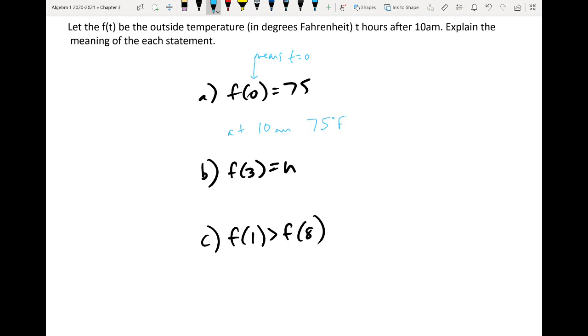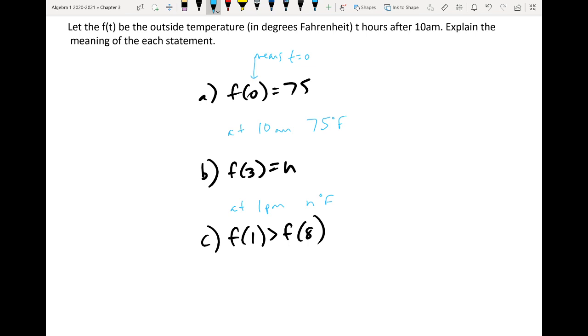That's it. How about the f of 3? Well, this is 3 hours after 10 a.m., which means at 1 p.m., the temperature is n degrees Fahrenheit.